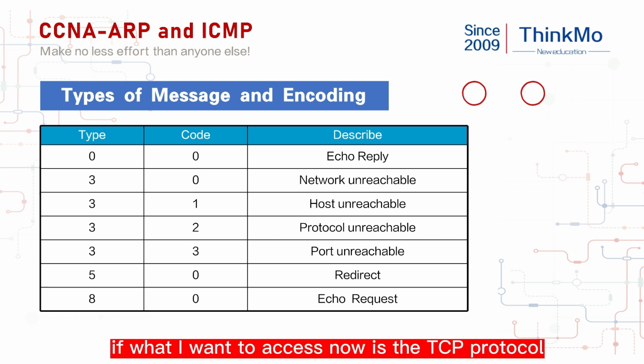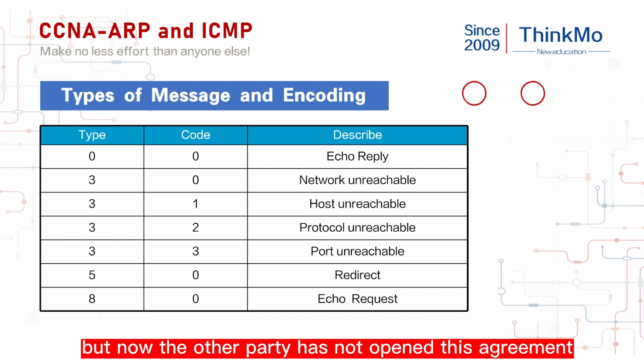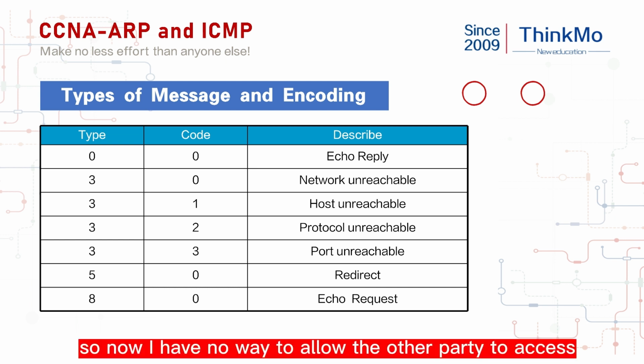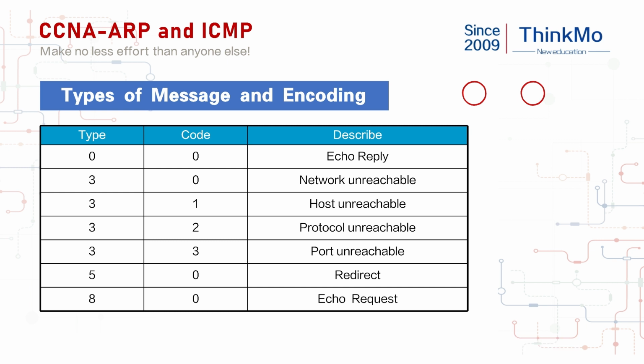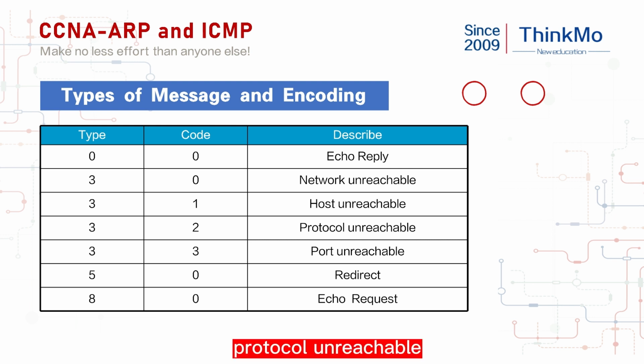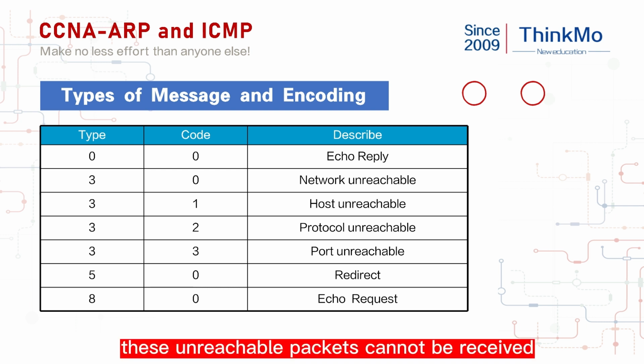If what I want to access is the TCP protocol, but the other party has not opened this protocol, I have no way to access it. If the other party does not open this protocol, they reply a message to me: protocol unreachable.